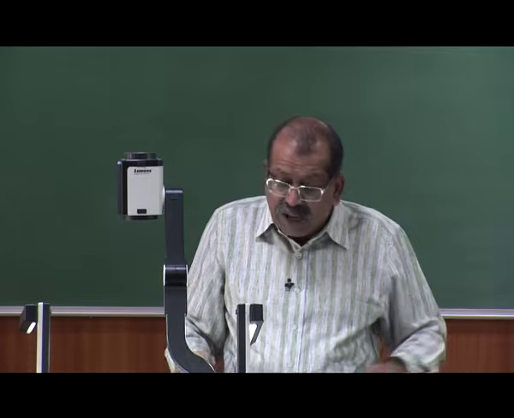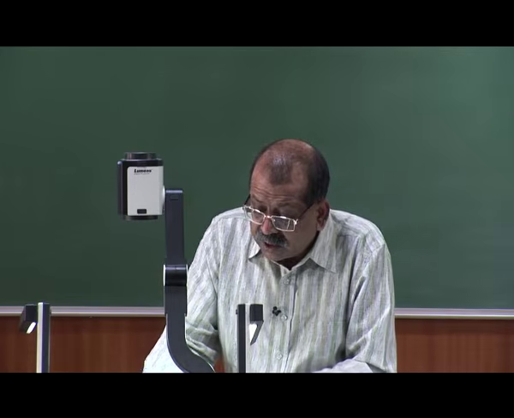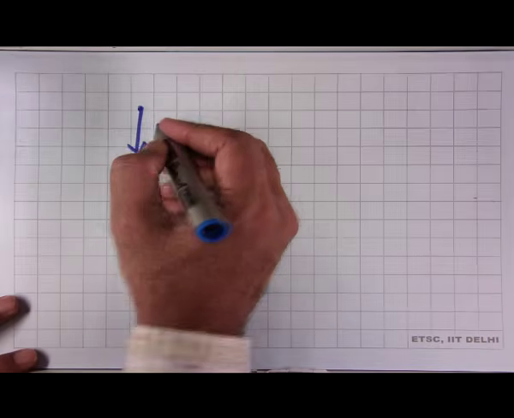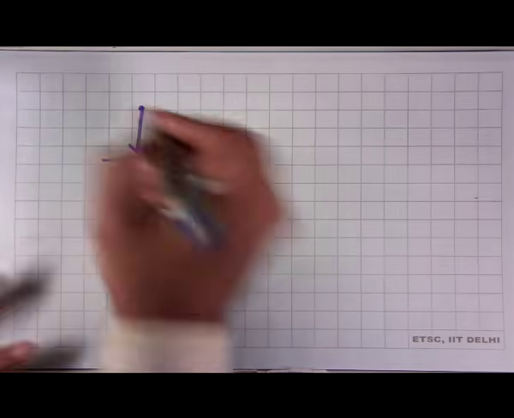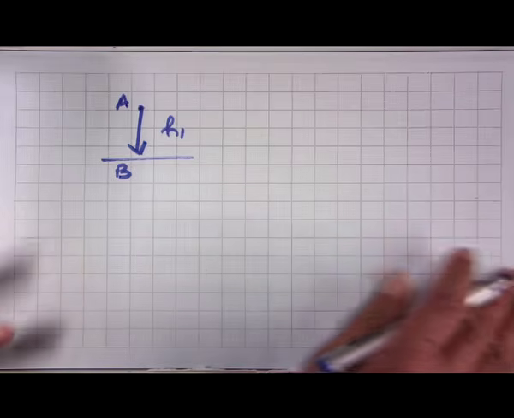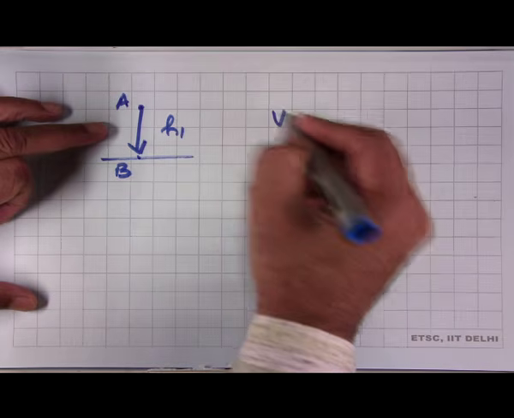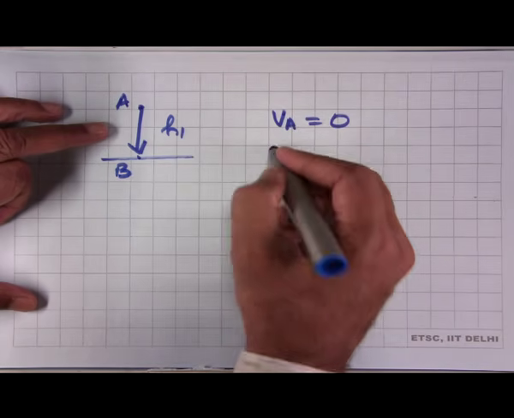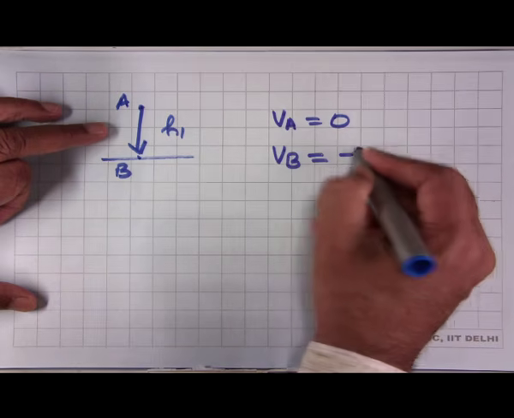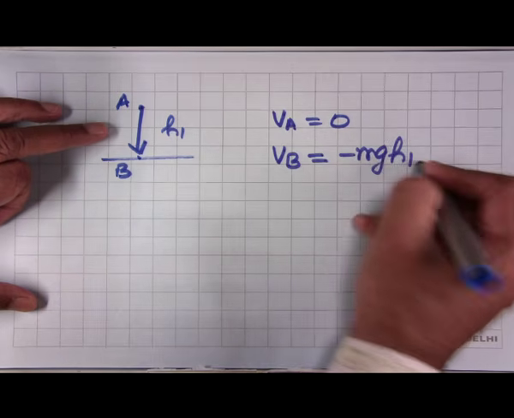And if we move down, let us say, if this is position H1, this is A, this is B, then if Va is equal to 0, then Vb will be minus mg times H1.